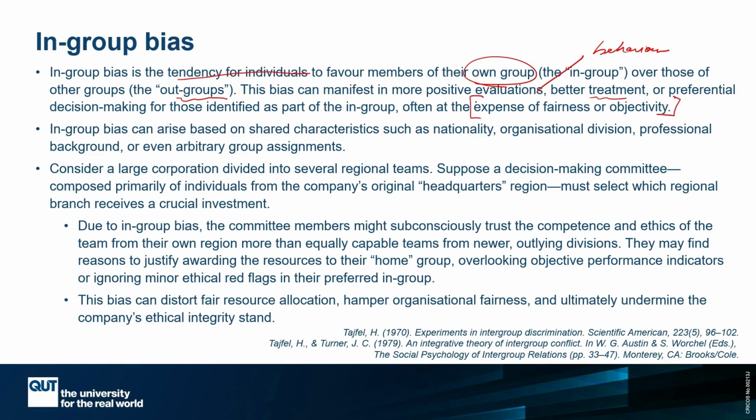There are many bases on which you can categorise an in-group. They can be things like nationality or race, but often these demographic differences are overcome when you know someone. And so it becomes more about what part of the organisation. Are you part of my work group team or not? What's your professional background?